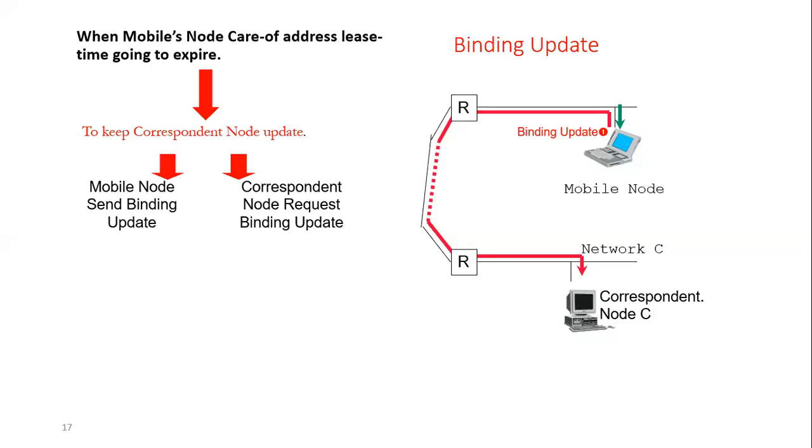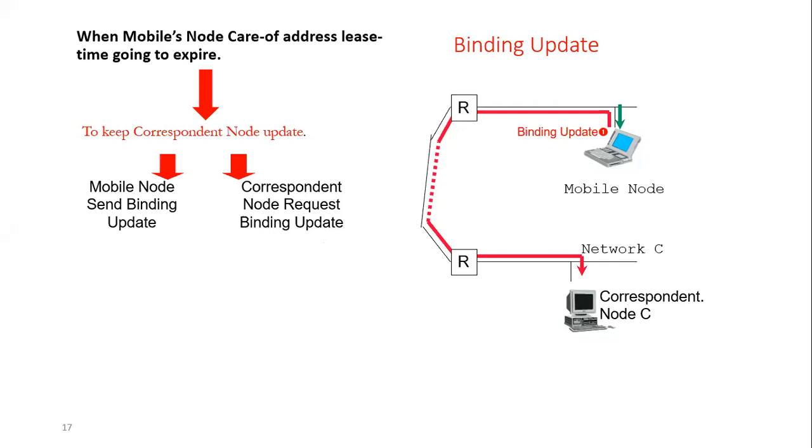The mobile node gives you the current address with a binding update message. But since it is for a particular lease time, as the lease time is going to expire, the corresponding node sends a request, called request binding update. Then the mobile node again gives the IP address, which may be the same or something new.